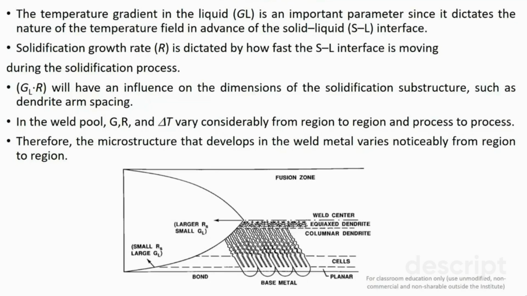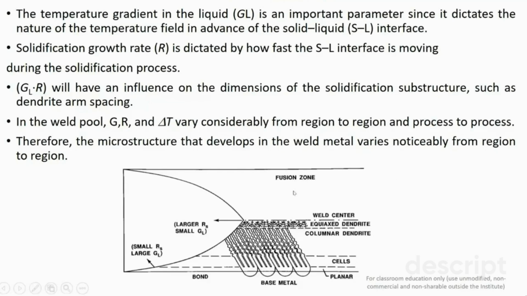This temperature gradient is also varying at different locations. In solidification, the solute is also getting rejected. So that causes the segregation of these metallic components or elements. And all these factors determine the microstructure of your solidified welded part. If you can see, this is the drawing which shows the fusion zone.